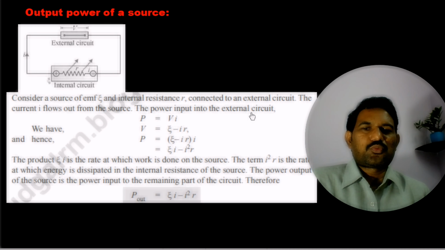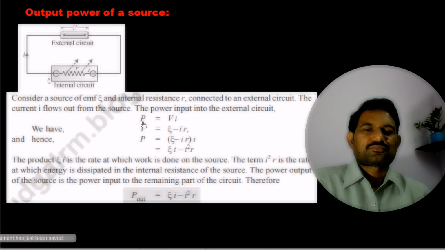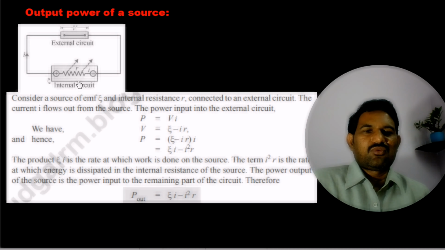The power output of the cell is nothing but P is equal to V into I. And V is nothing but the terminal voltage here. So it is nothing but E minus IR. E minus IR is the terminal voltage when the cell is discharging, we know already. Therefore you can substitute here.